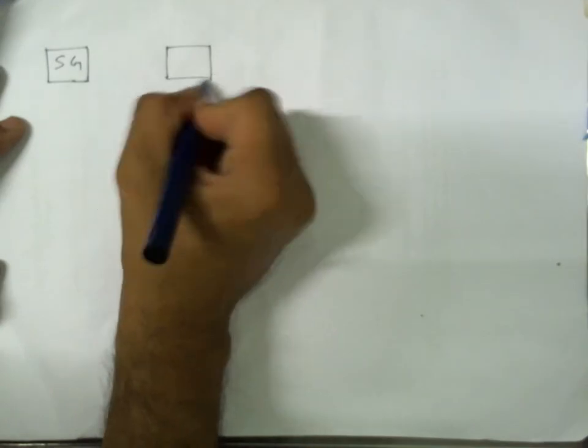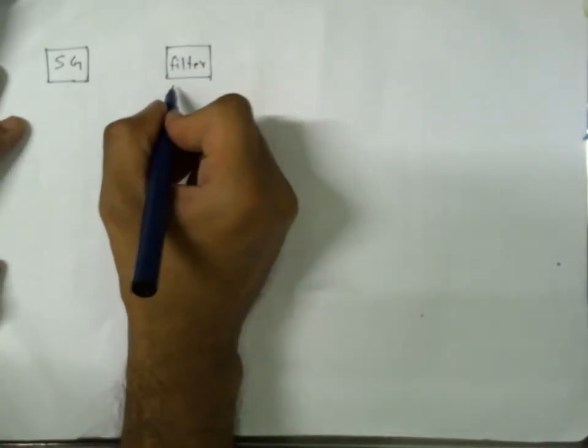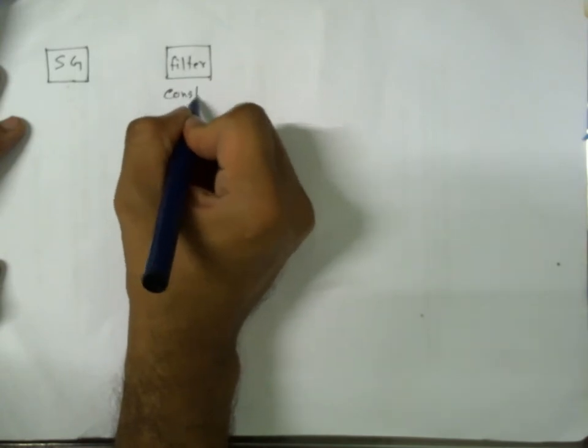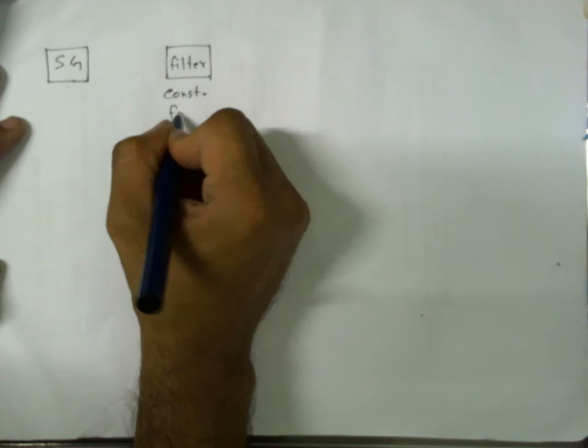What we will do is this. We will have a signal generator, SG, then a filter, but it's not tunable. This is a constant frequency filter.